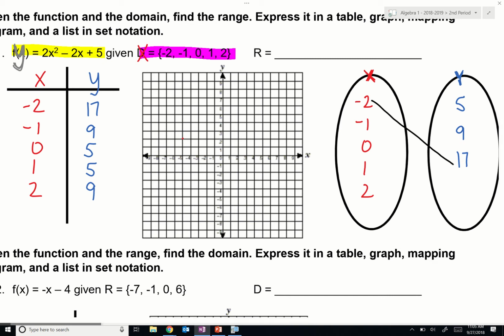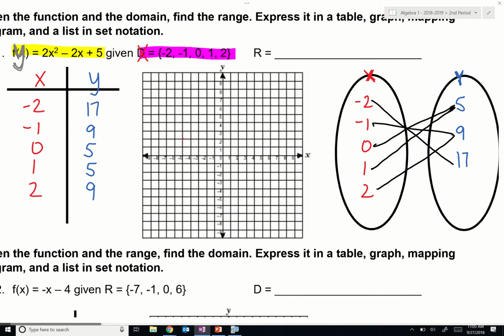So make sure you connect them. It's kind of like connecting the dots. -1 is partnered with? 9. Perfect. 0 is partnered with? 5. Perfect. 1 is partnered with? So make sure you make those little lines try to match up. And then 2 is partnered with? Good. Are we okay with that?